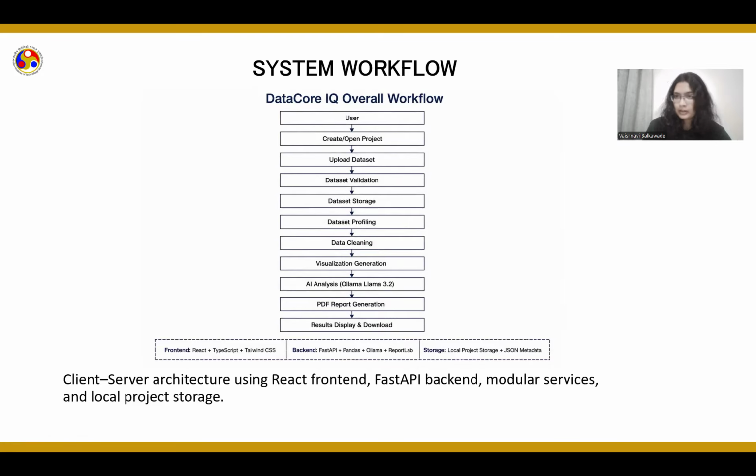AI analysis is also an option where the user can ask the Llama model that is implemented to explain the given dataset. Then the user goes forward towards PDF generation and the results are displayed on the dashboard and the PDF can be downloaded on the user's device.